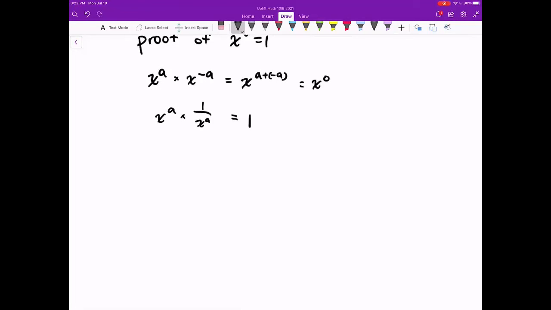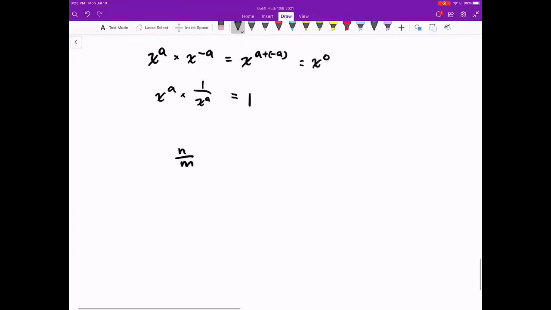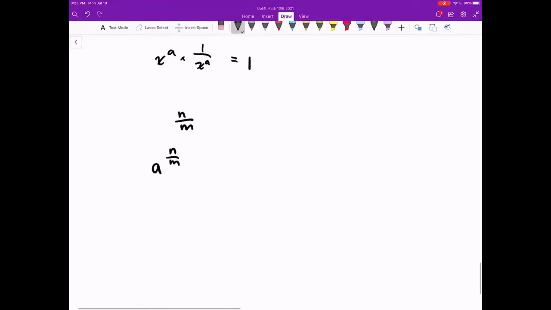Okay, the next thing we're going to talk about is radicals as fractional exponents. Just as a reminder, a radical means a fraction in the form of n over m. So when we say radicals as fractional exponents, we mean a to the power of n divided by m.